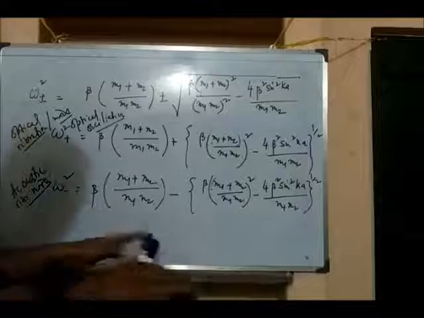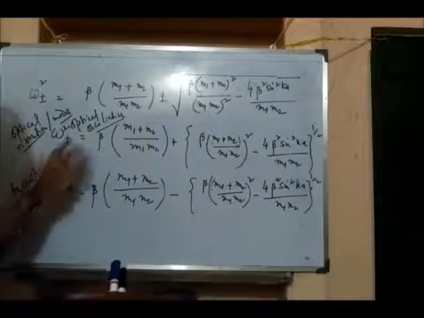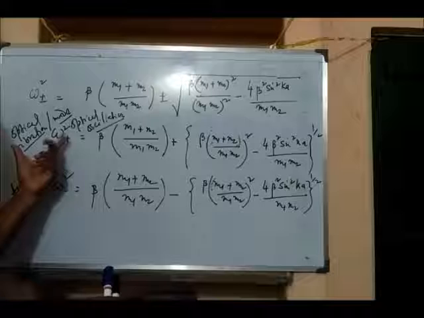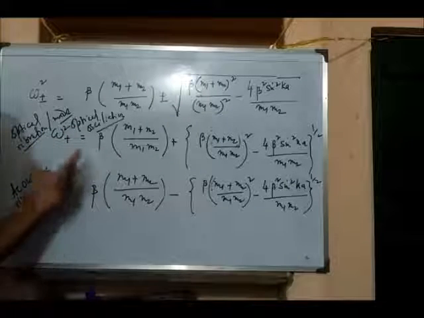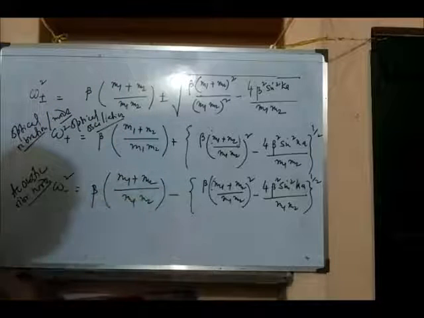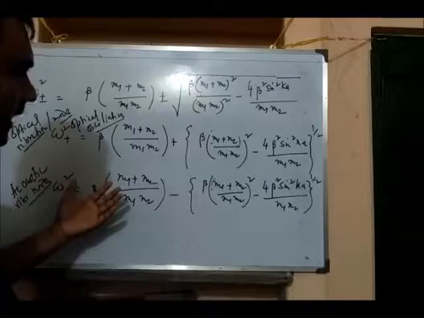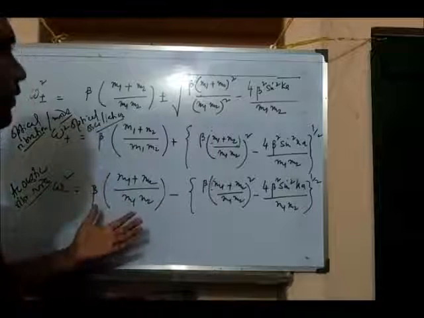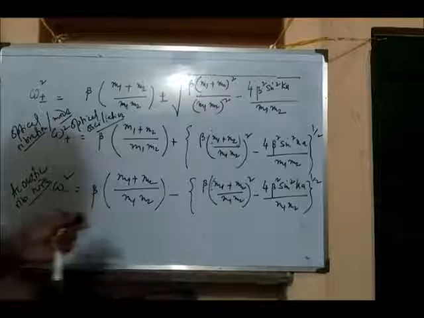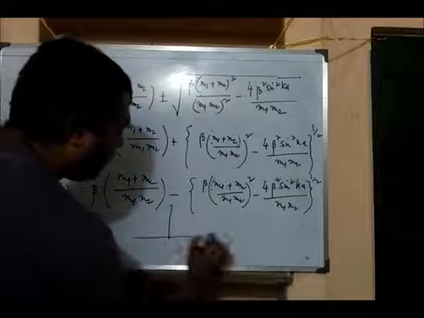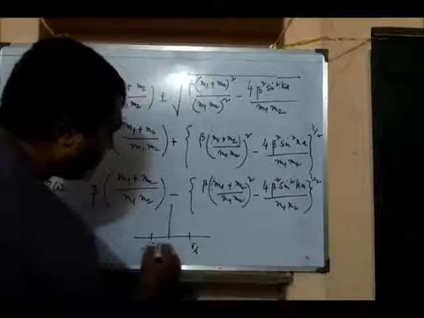So from this equation, we are having two types of oscillation. One is the optical mode of vibration, and another is the acoustic mode of vibration. This situation is different from the monatomic one. For the monatomic one, we get just a single omega versus k graph, which looks like this, from pi by a to minus pi by a.